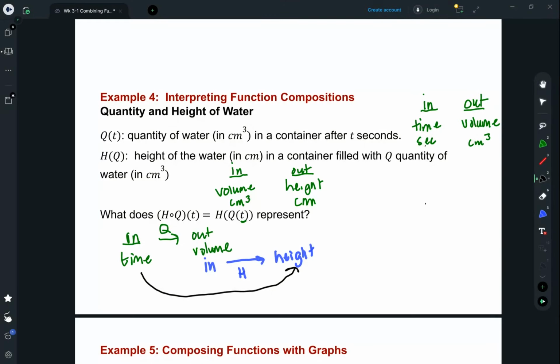So what does h of q of t represent? It represents a function that gives the height of the container as a function of time.